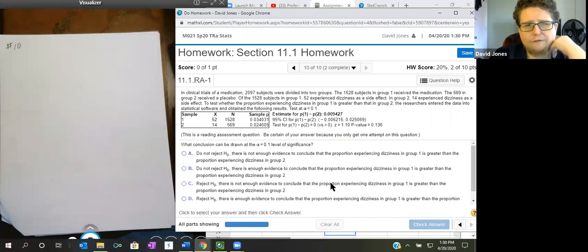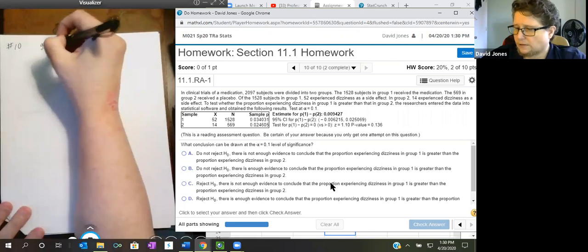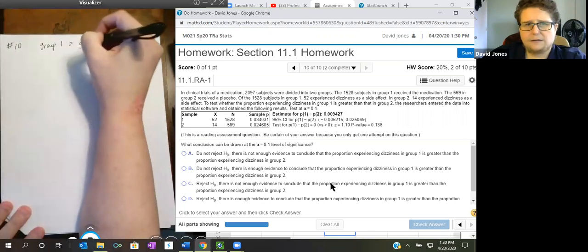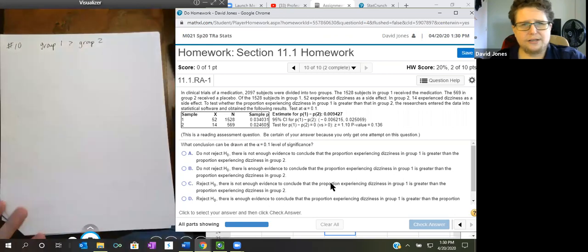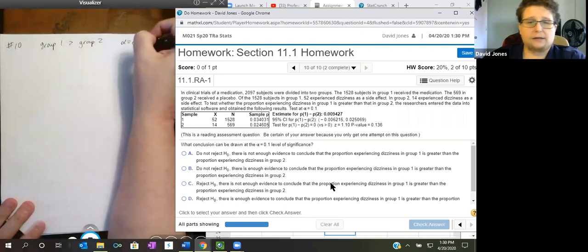In group 2, 14 experienced dizziness as a side effect. To test whether the proportion experiencing dizziness in group 1 is greater than group 2, researchers enter the data into the statistical software and obtain the following results at alpha equals 0.1.